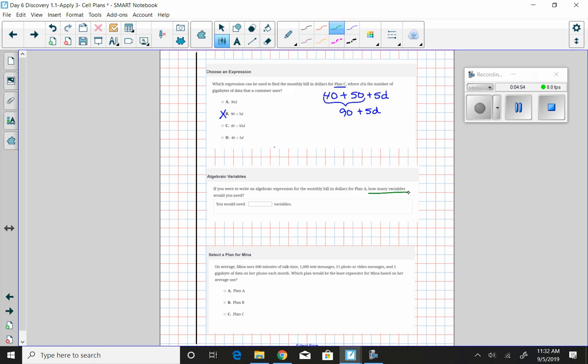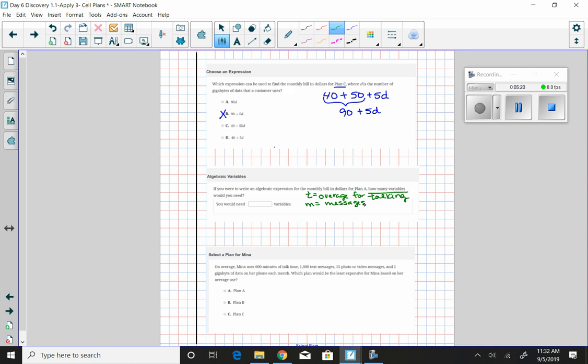We have a variable for overage, talking over. T, overage for talking. And then we need a variable for the messages. M, we'll say for text messages, your text messages.